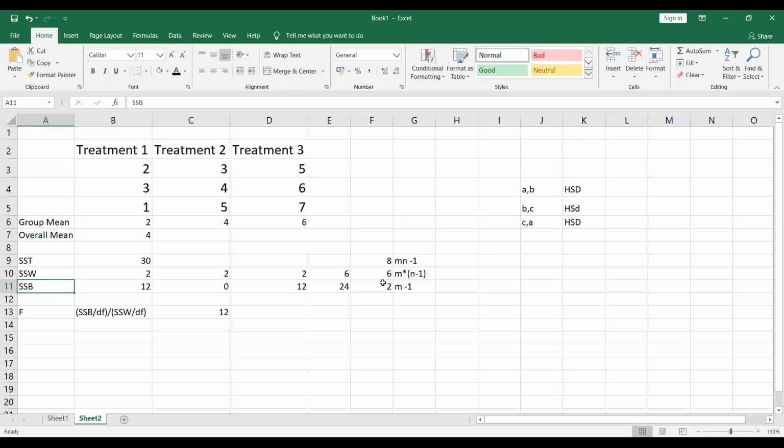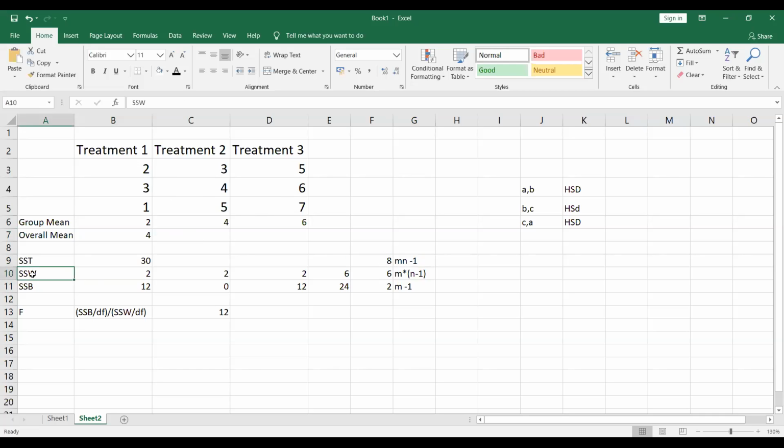So we were discussing the degree of freedom. Here, the degree of freedom is m into n minus 1. The idea is that if I know the overall mean, then I just need to know 8 of the observations, because the 9th observation I can find using the others. So that's how you get this 8. What about SSW?